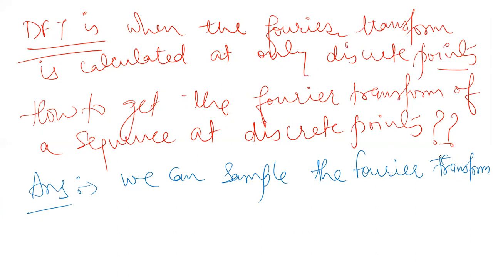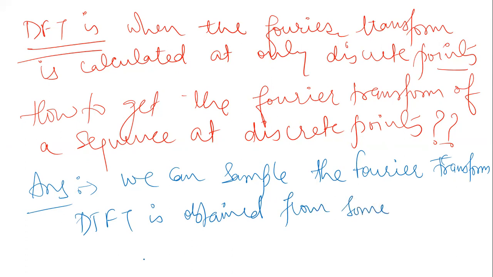For example, if we have some aperiodic time domain signal, then the discrete time Fourier transform is obtained. That is, DTFT is obtained from some aperiodic time domain signal, right?